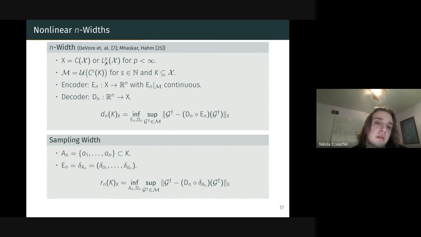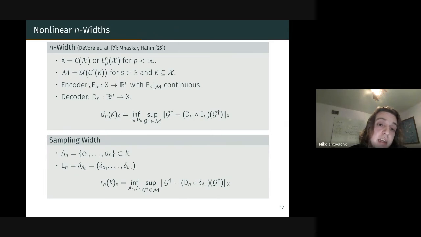Or we can think about an associated Bochner space of this. We can also think about such functionals which are s times Fréchet differentiable over a compact set K. Here U denotes the unit ball of the space, which is not super important. I do want to say that this encoder and decoder are not related to the original PCA architecture that I showed. These are generic mappings.